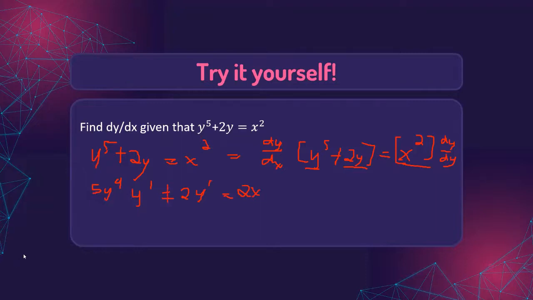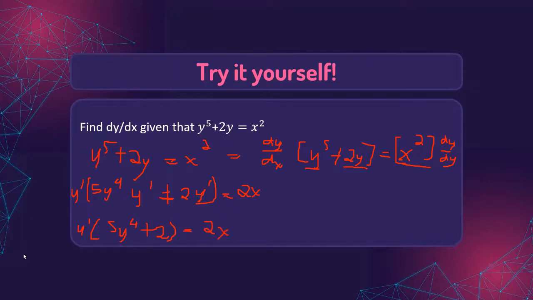So it seems like all of our terms with y prime are already on the left side. Since all of the terms with y prime are already on the left side, we will now factor out y prime. So we get y prime times (5y raised to 4 + 2) = 2x.